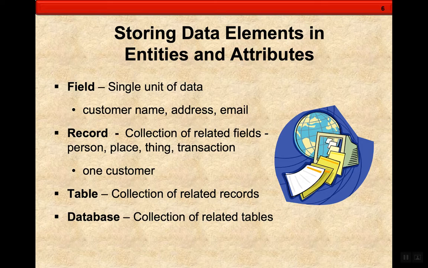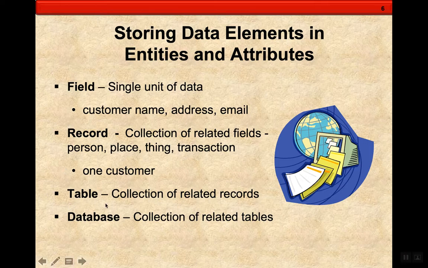Your customer master record in Amazon would be the collection of all the different things used to identify who you are when you log on, what you bought, things of that nature. There are multiple rows of data in a database, each row being the collection of data for one individual customer.